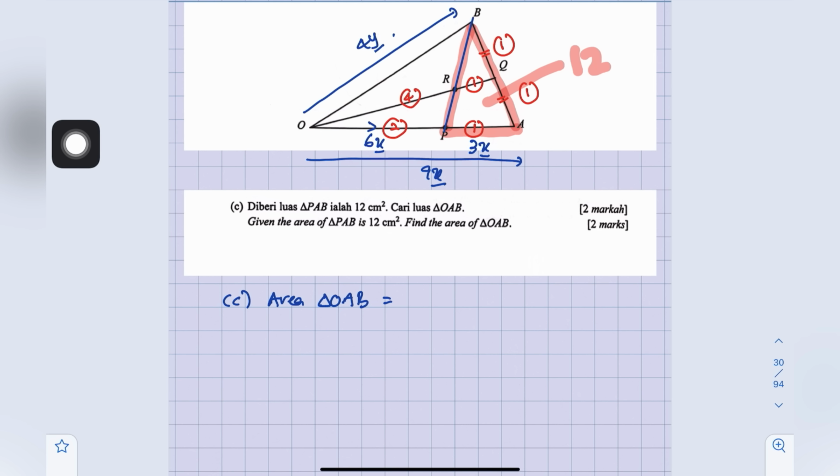So the ratio, if we look here, is 2 to 1. So if we want to find the area of triangle OAB, its ratio is 3 to 1. So 3 times the area of triangle PAB, which equals 3 times 12, which equals 36 centimeters squared.